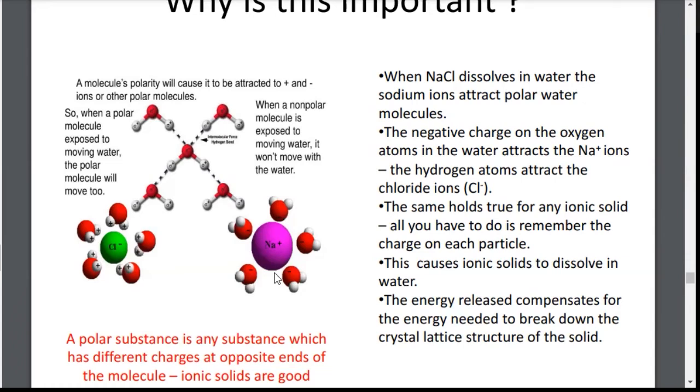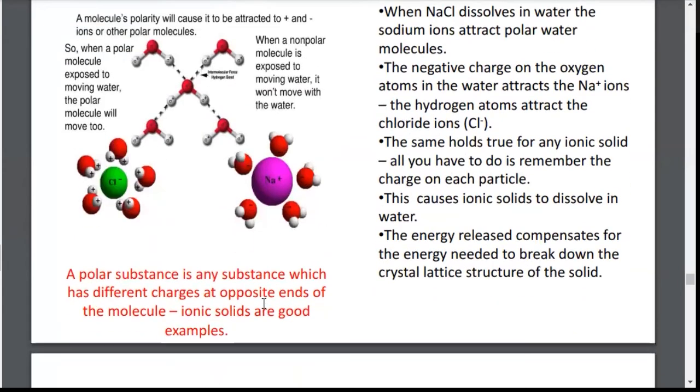So polar substances are any substance which has a different charge at opposite ends of the molecule, and ionic solids are good examples of those. Ionic solids are any solid substance which is made of non-metals and metals bonding with each other. Metals are positive, non-metals are negative on charge.